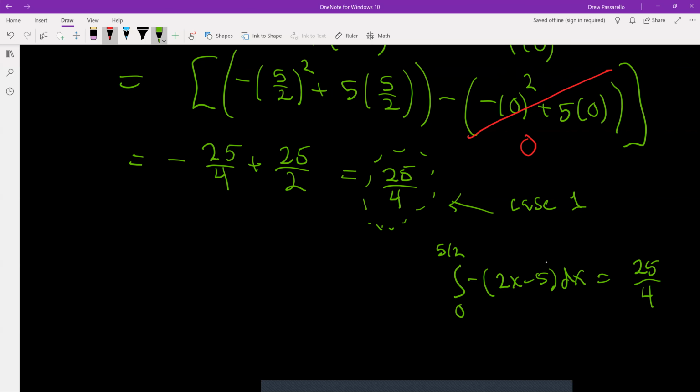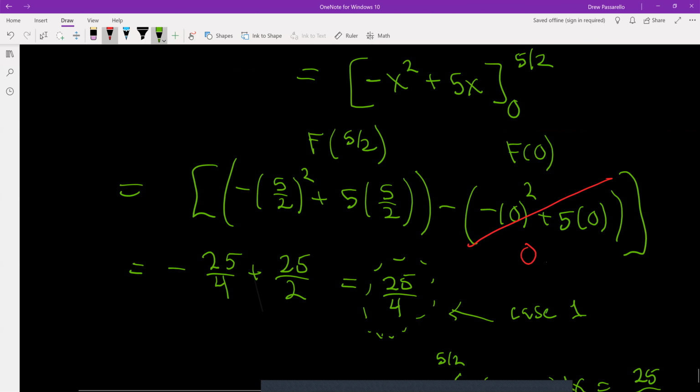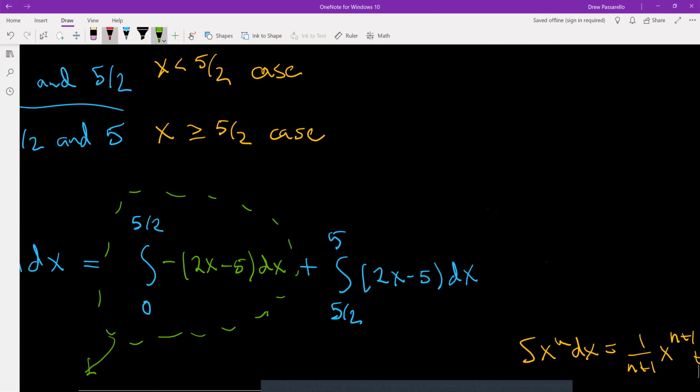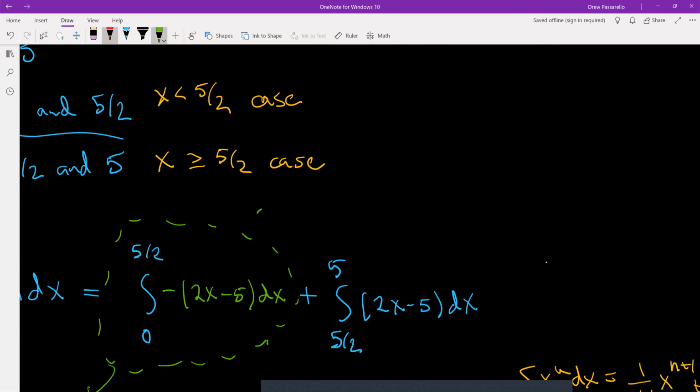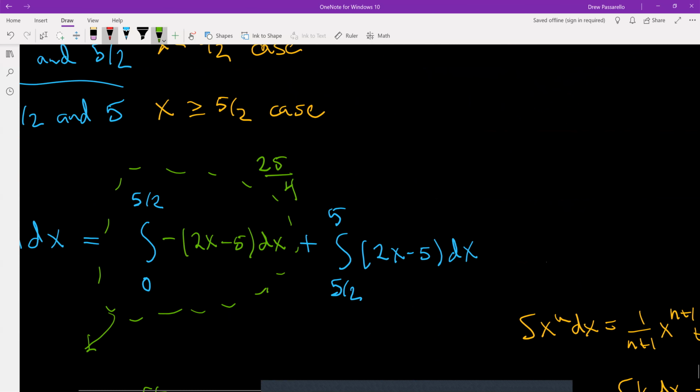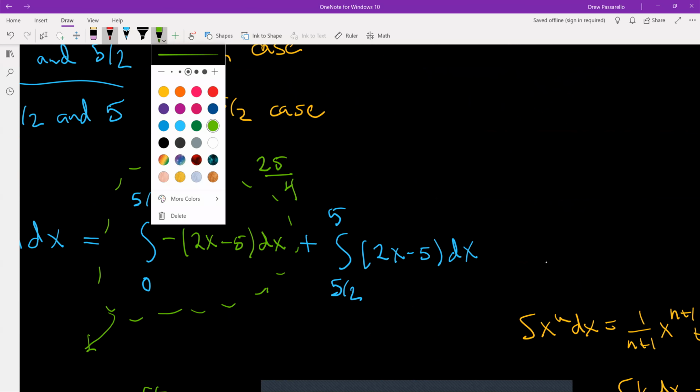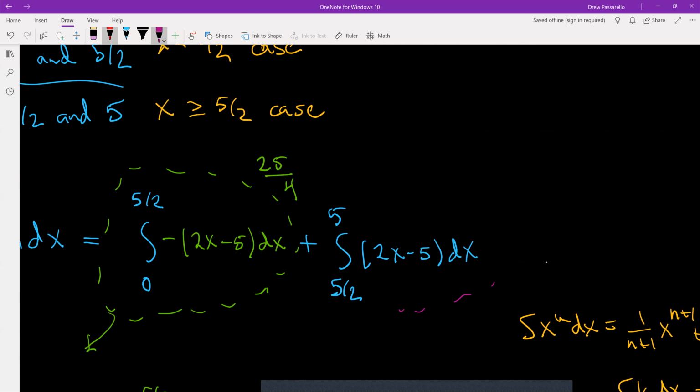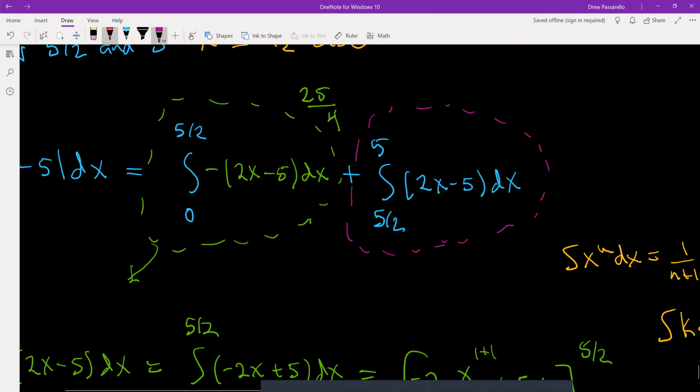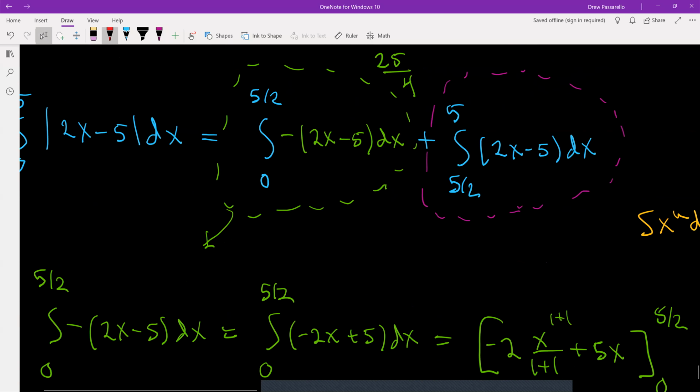All right, now I got to take care of case 2. So we know this part is 25 fourths. Now I handle the second case, and I'm using purple for that.